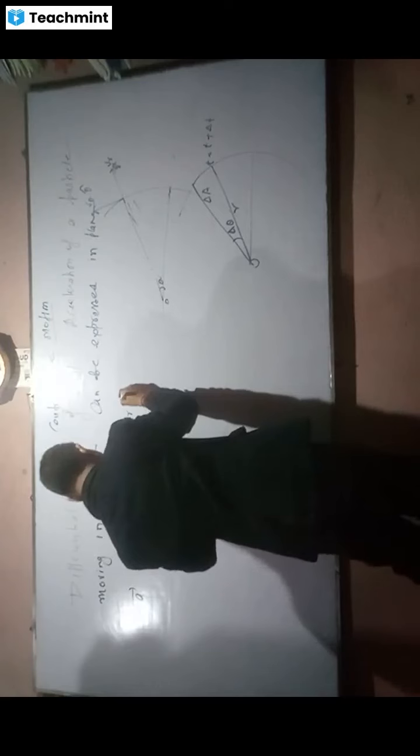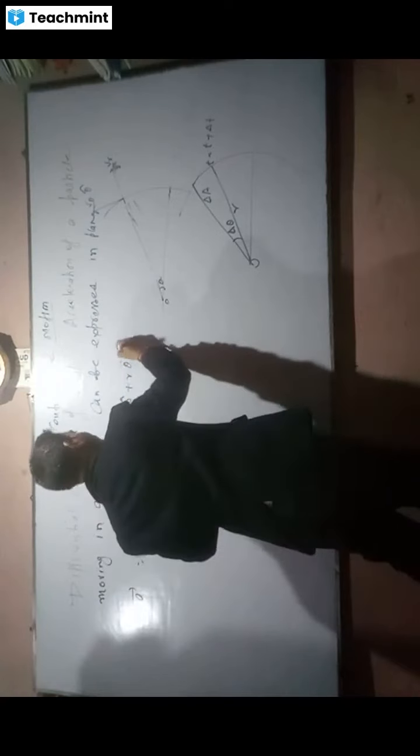A vector equals r double dot minus r theta dot square, r unit vector, plus 2 r dot theta dot plus r theta double dot, theta unit vector.